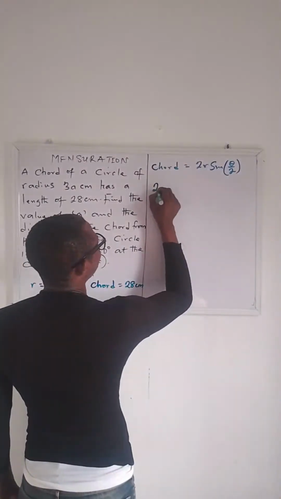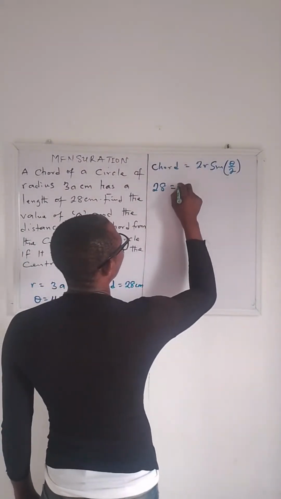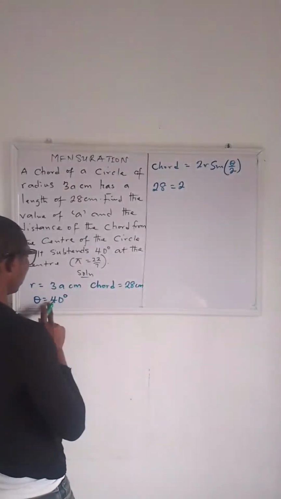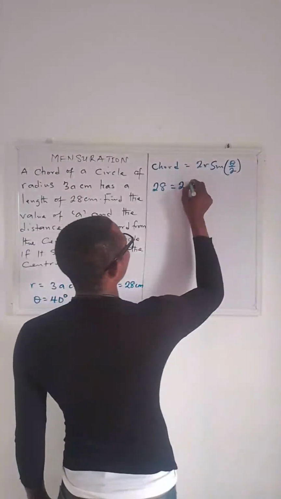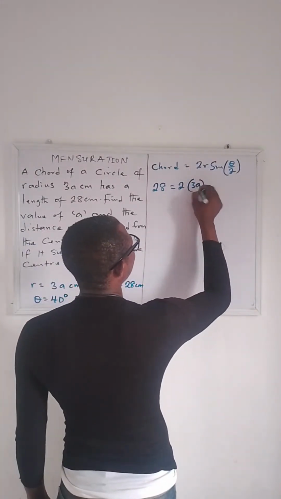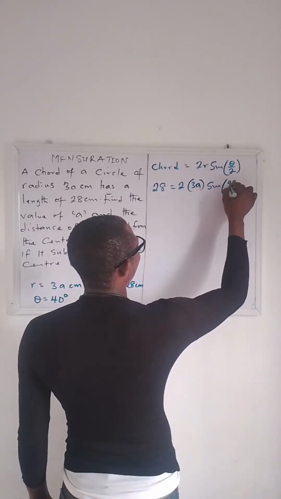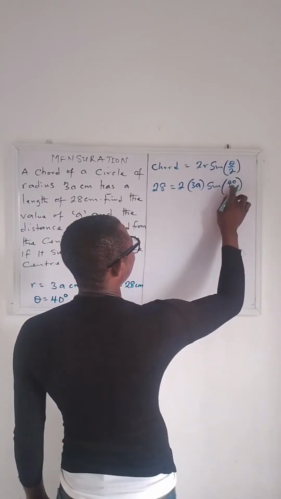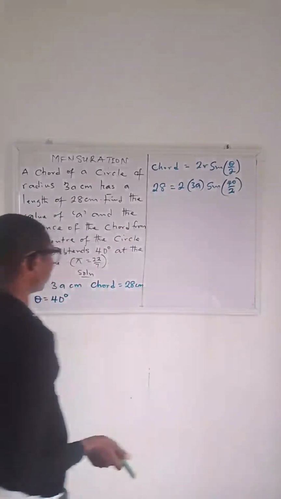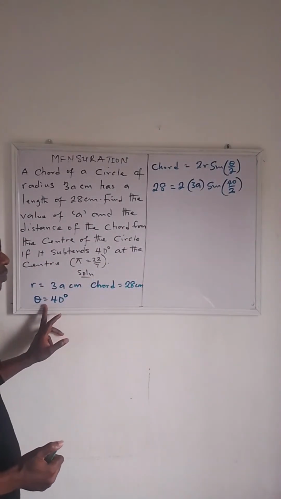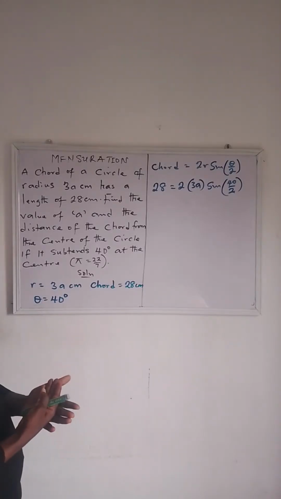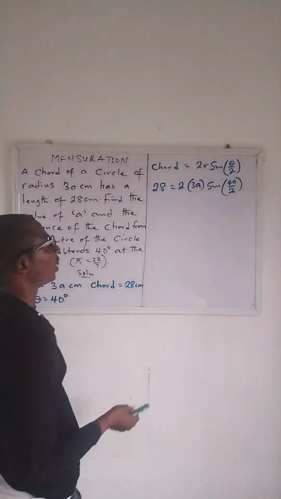Let's just plug it in. So we have 2 times r. What is r? r is 3a. So we have 2 times 3a sine 40 over 2. Theta is 40. The next thing is to find a way of simplifying. Now let's simplify.